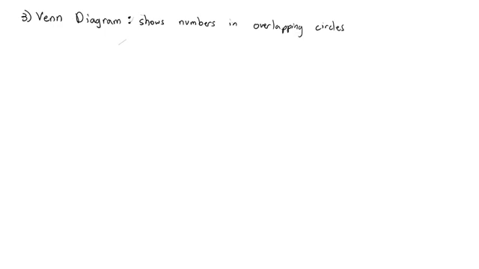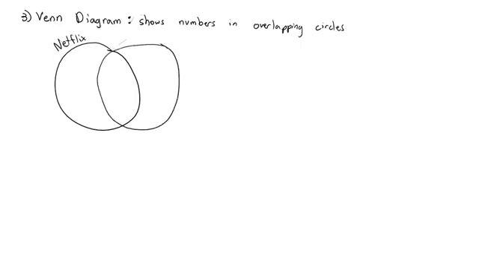So for example, if I want to know where people are getting their movies from, one circle might represent they're getting them from Netflix. Another circle that overlaps is going to say these are the ones that are getting them from Hulu. And another circle that overlaps says no, they're getting them from their cable.